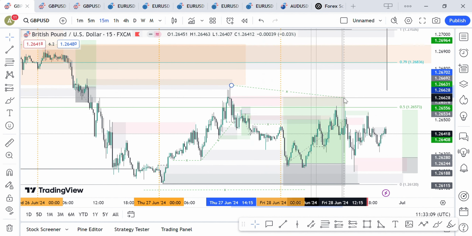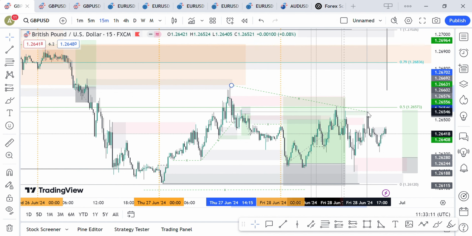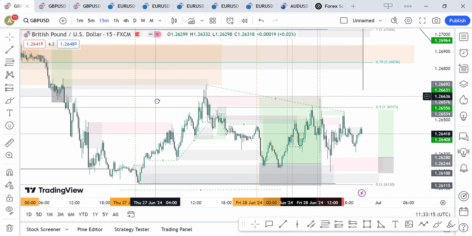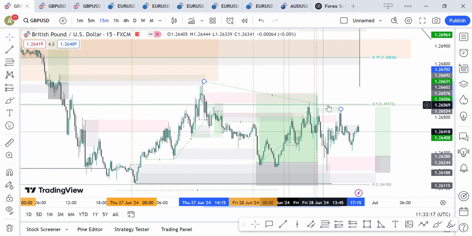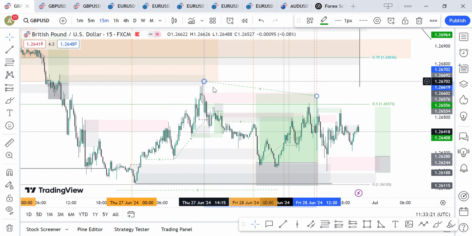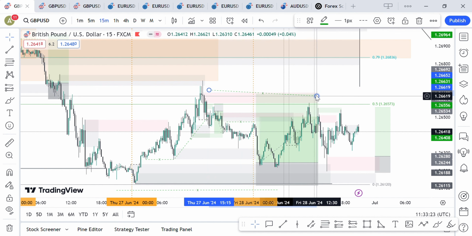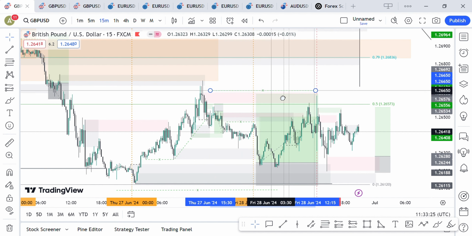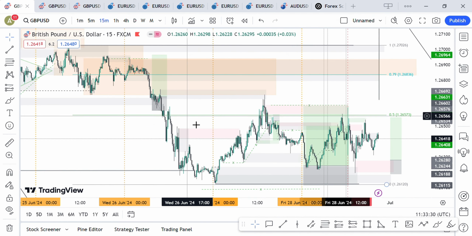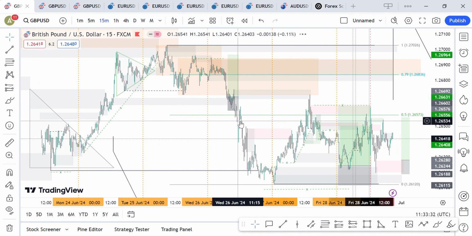As you can see, I'll try and cut out this wick so that we can show it well. That is the kind of liquidity that I'll be expecting, but also you can draw it to this point and maybe have a straight line if you don't want some diagonal kind of lines. But that is what I'll be expecting on the GU.